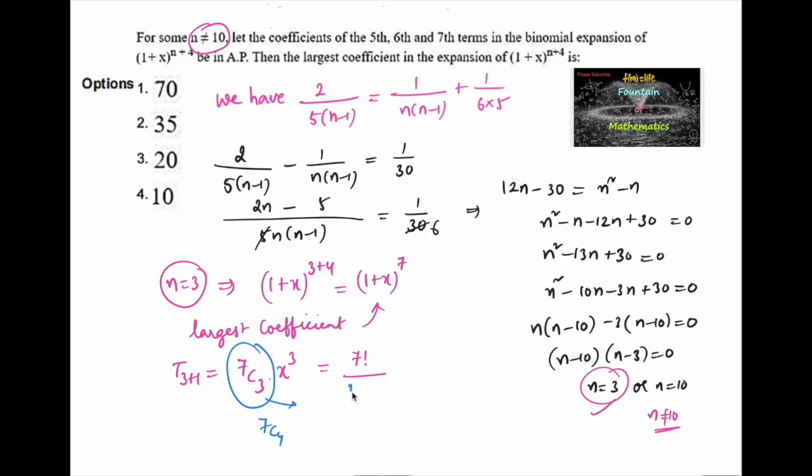So 7 factorial divided by 3 factorial into (7 minus 3) factorial, that is 7 into 6 into 5 into 4 factorial divided by 3 into 2 into 1 into 4 factorial. So we can write 7 5s are 35. So 35 is the greatest binomial coefficient, which is option 2.